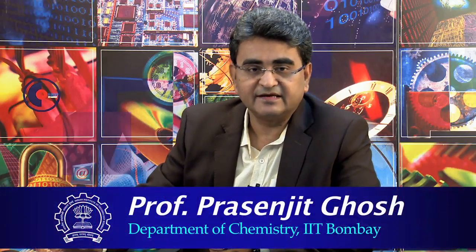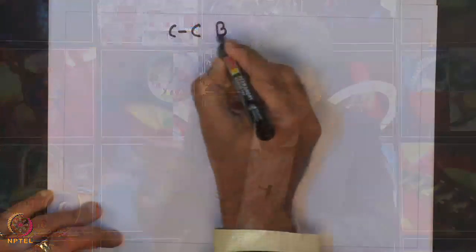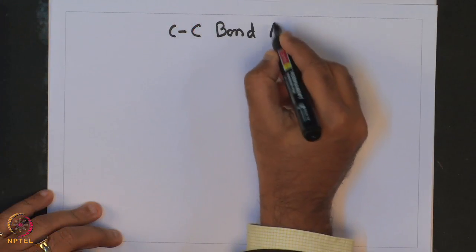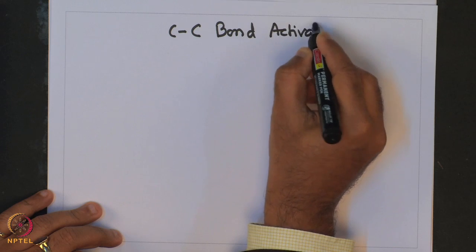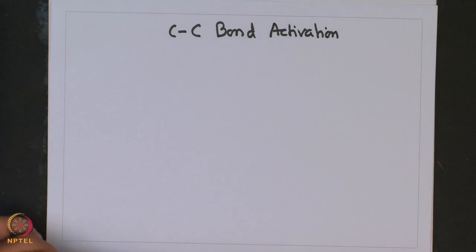Welcome to this lecture on transition metal organometallic chemistry from principles to applications. In the last lecture, we have been talking about a very challenging phenomenon, which is C-C bond activation reaction. And we have looked into C-C bond activation reaction in the pretext of C-H bond activation or H-H bond activation.